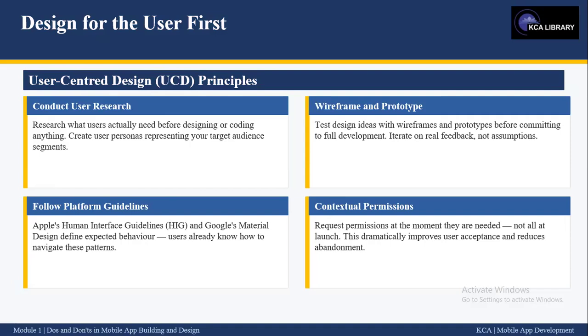Furthermore, wireframing and prototyping should be employed to test ideas before full implementation. It is also important to follow established platform guidelines, such as those provided by Apple and Google, as users are already familiar with these patterns. Finally, permission should be requested contextually, only when needed, to improve user trust and reduce abandonment rates.